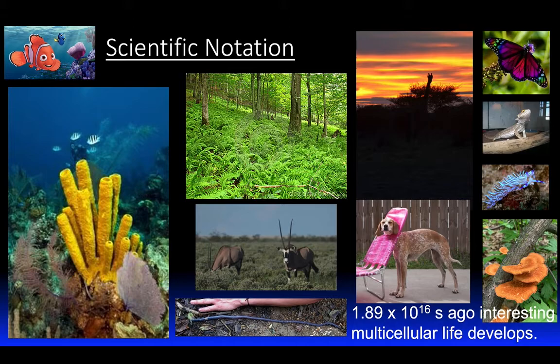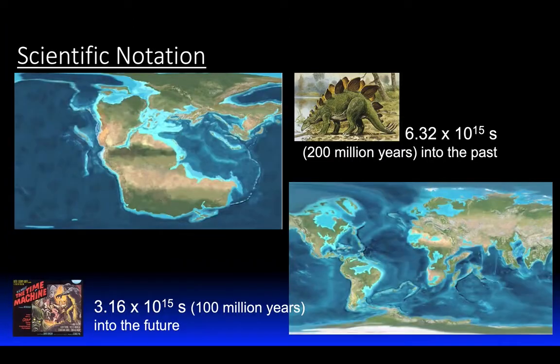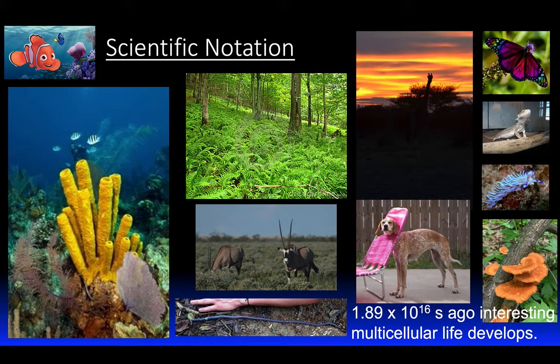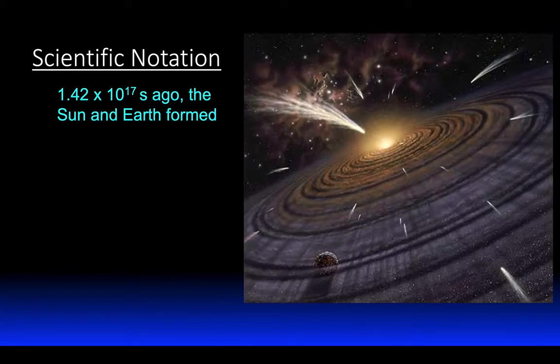If we go back 10 to the 16 seconds ago, so a power of 10 times more than this distance, you have interesting multicellular life first beginning to appear on the Earth. 10 to the 17 seconds ago, you have Earth when it was first being formed in the solar system. And if you remember from a previous video, 4 times 10 to the 17 seconds ago was the Big Bang.